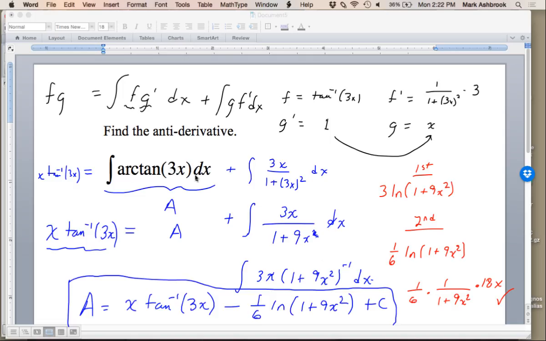Well, there's only one term, so it has to be that thing times 1. And then we decided that the arctangent of 3x has to be f, because if it were g prime, right here we'd have the same problem we're asked to do in the first place. So that forces the inverse tangent of 3x to be f.